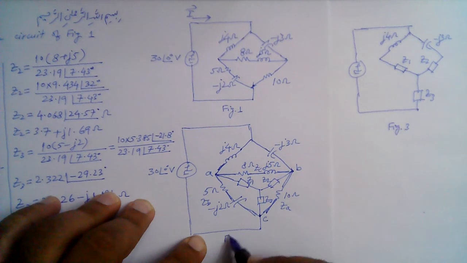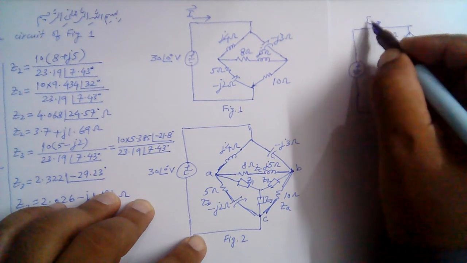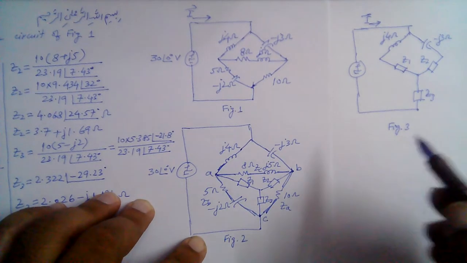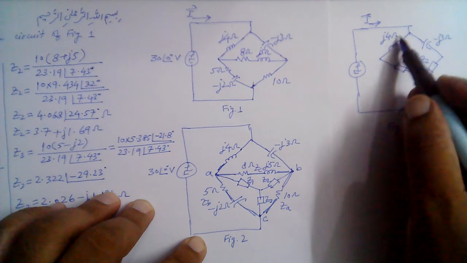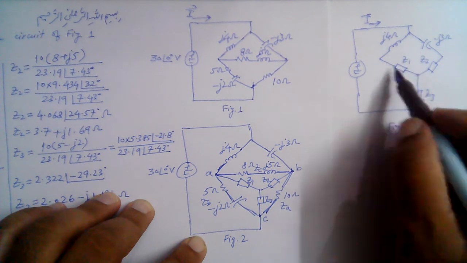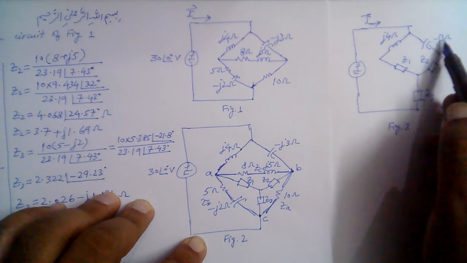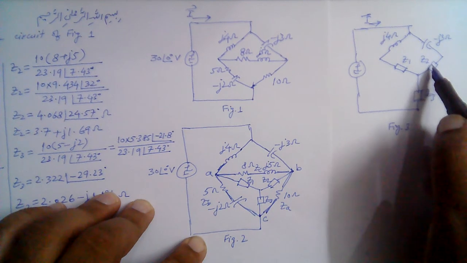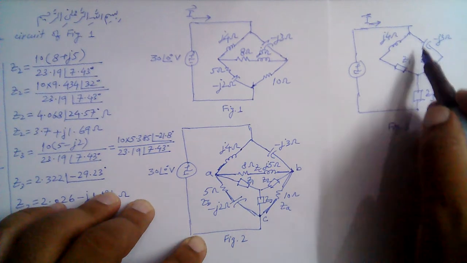This was our figure 2. So we are to find this current I here. As you can now see, this branch, this j4 ohm, is now in series with this impedance Z1. Similarly, this branch, minus j3 ohm, is in series with this branch containing Z2. And these two branches are in parallel with each other.